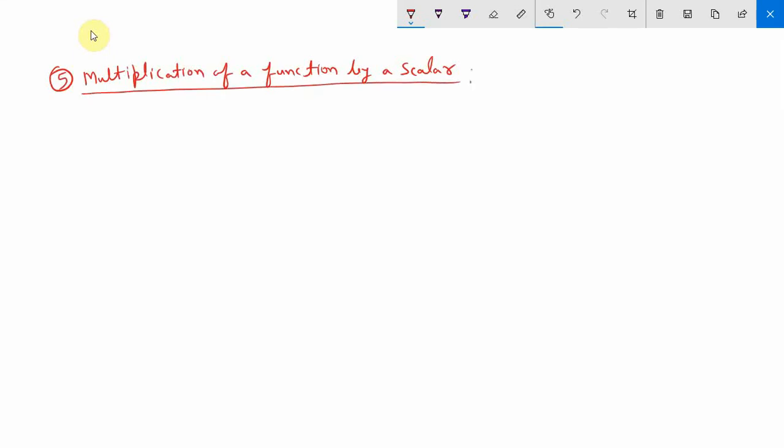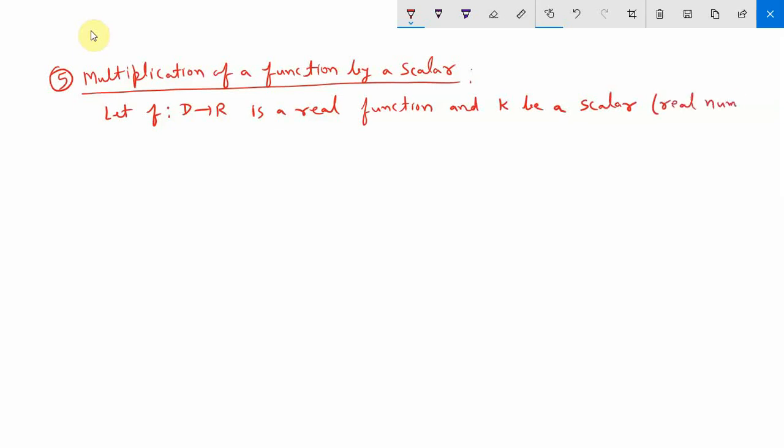Okay. So let f: D → R be a real function with domain D and range R, and let k be a scalar, or real number.